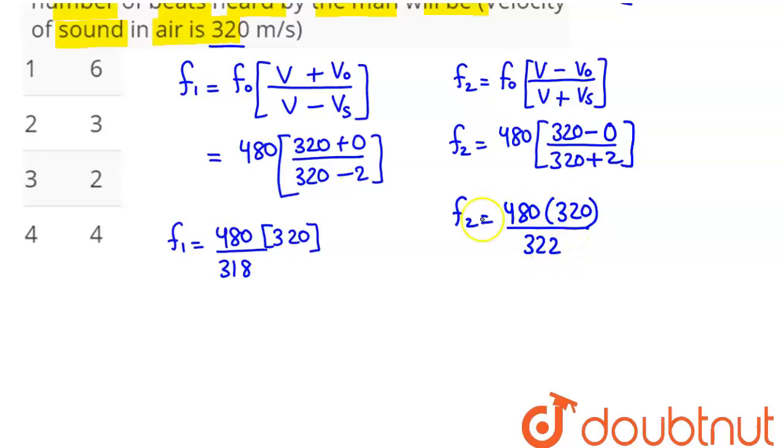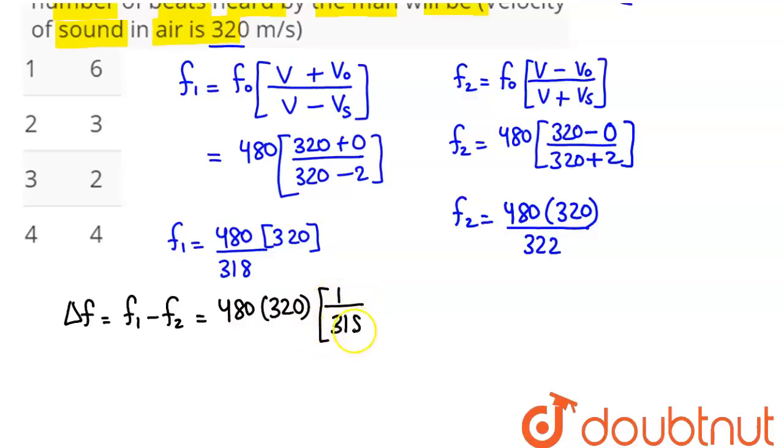So the difference in the frequencies, delta F, is equal to F1 minus F2. Taking 480 into 320 as common, this becomes 1 upon 318 minus 1 upon 322.